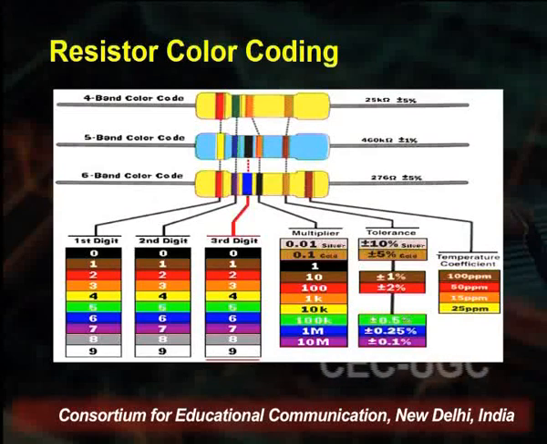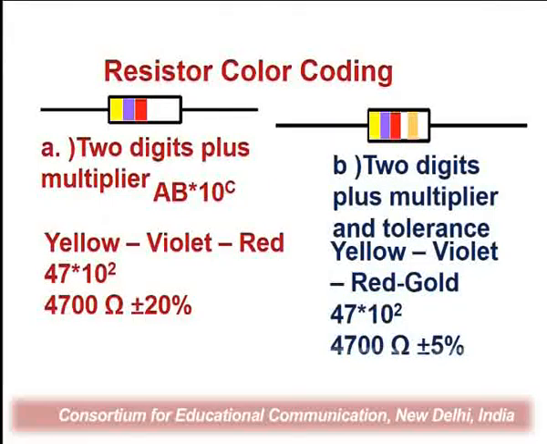And the 6 band color code has 3 digits, the multiplier, the tolerance value, and the last one is the temperature coefficient. It is very clear from this diagram. On the basis of the colors mentioned here, we can calculate its ohmic value as well as the tolerance.